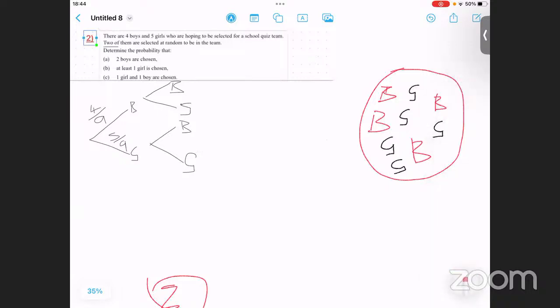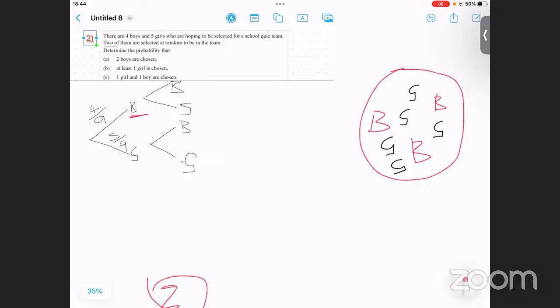Zira, this is what you do. In order for you to get what you're going to write here, here, and here, you check if the first one that was selected is a boy. So that means minus 1 boy here. Now you ask yourself, how many boys are we left with in this cycle that are hoping to be selected?